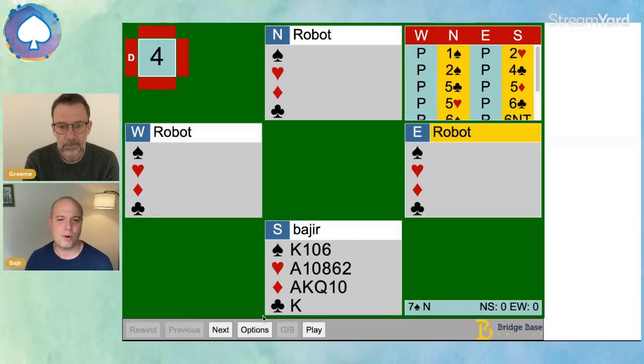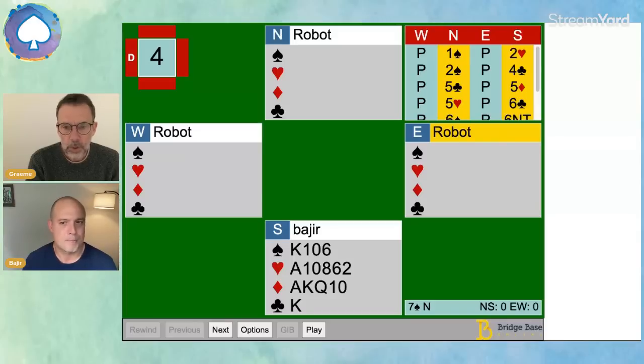I wanted to let partner know about my singleton, because of how that might work well with my control of clubs, how that might work with partner's control, in the same way that partner's singleton or king works really well with my ace. But at this point, I wasn't exactly sure. I was scared of bidding 5 spades and getting stuck there, or just going straight to slam. I just wasn't sure, I guess, at this point.